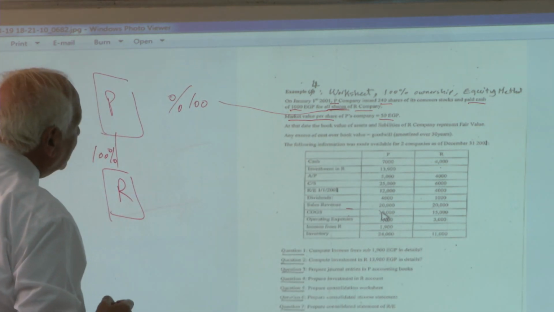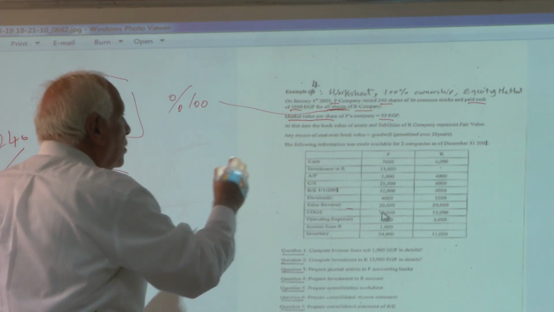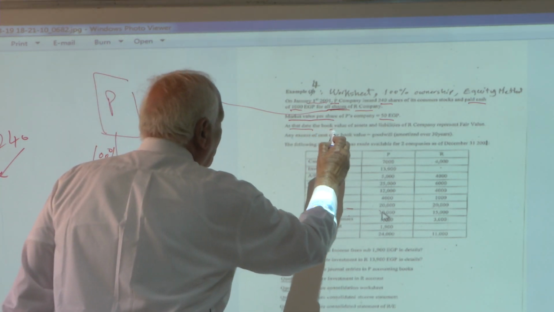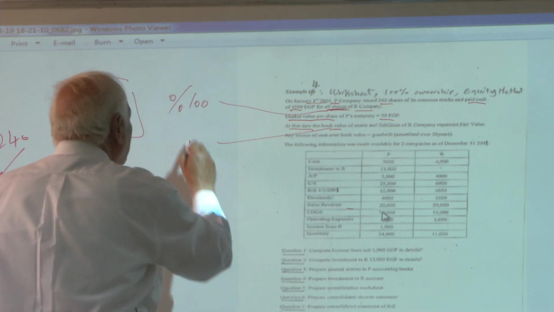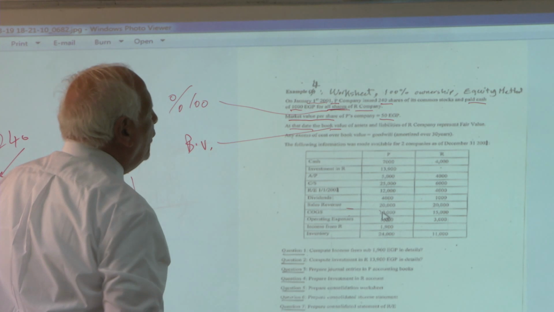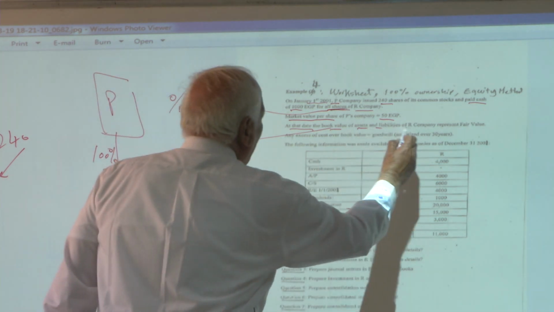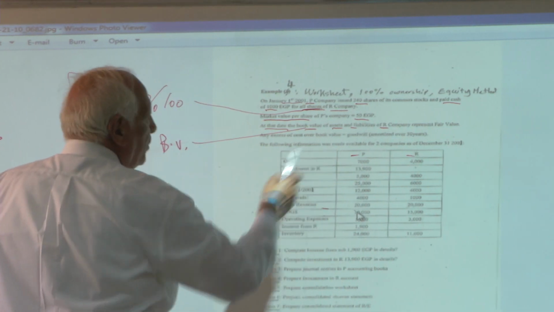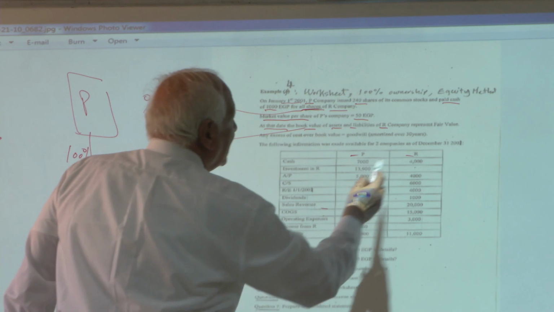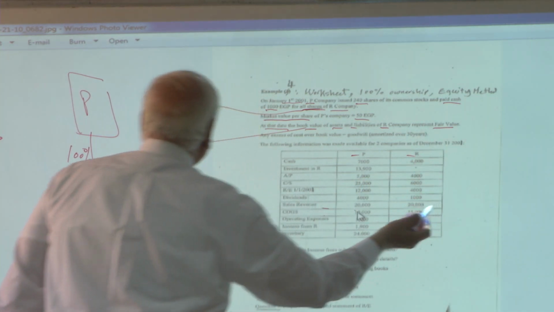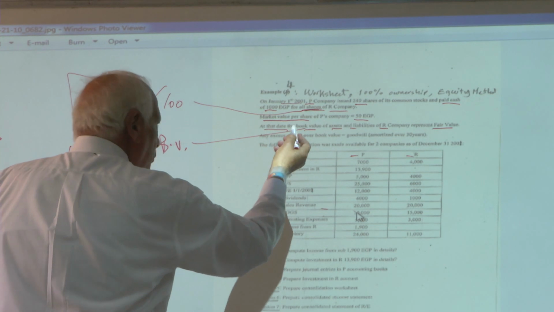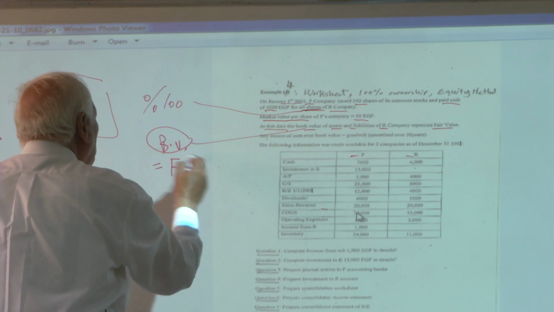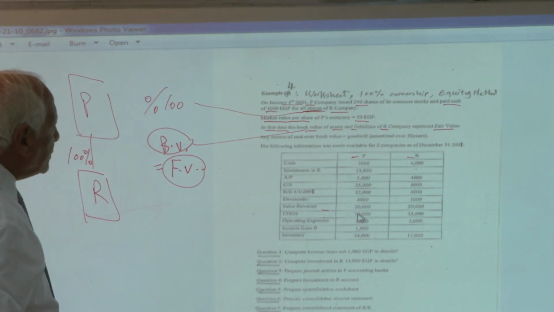And at that date, January 1st, the book value, BV, of the assets and liabilities of R, represents fair value. That means book value equals fair value, okay?